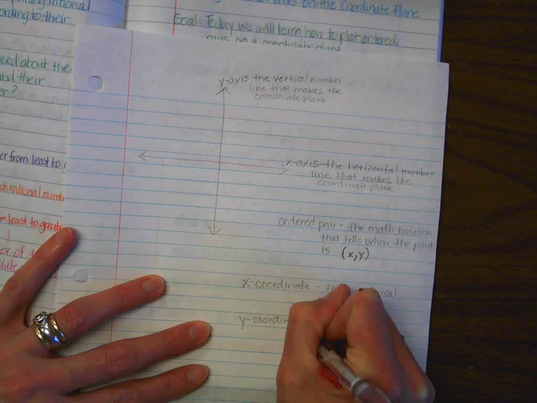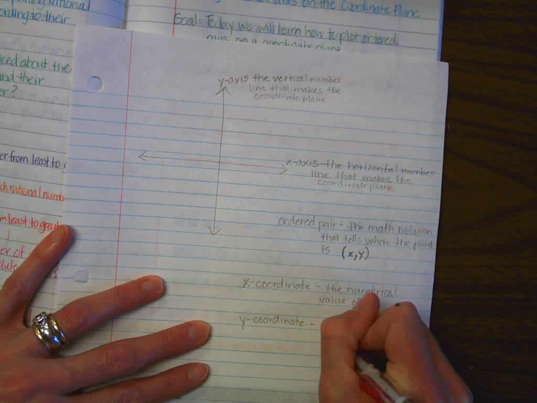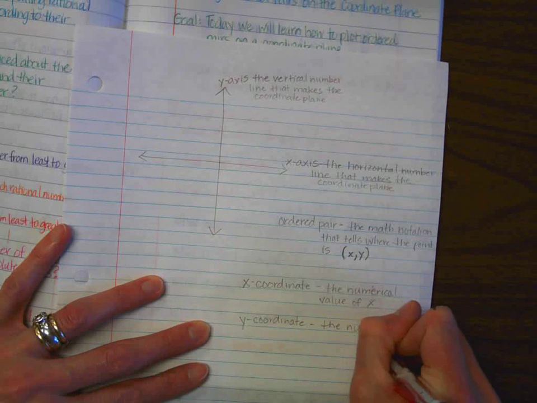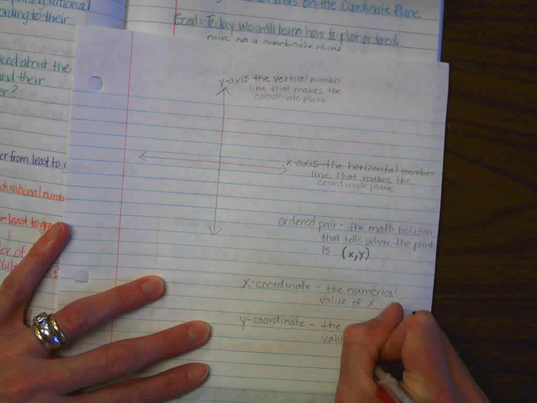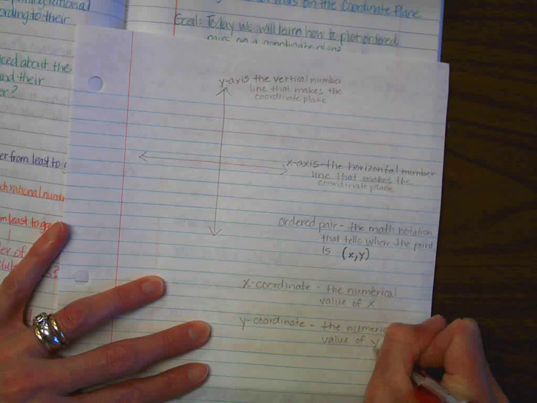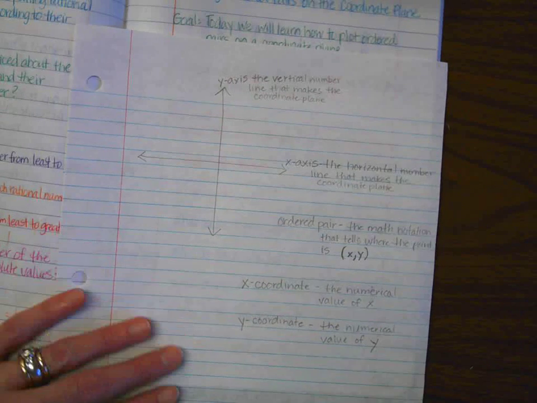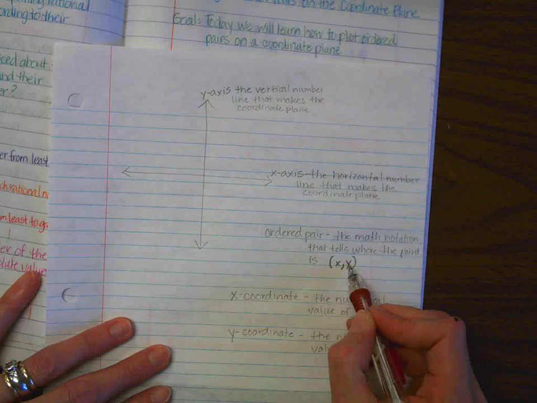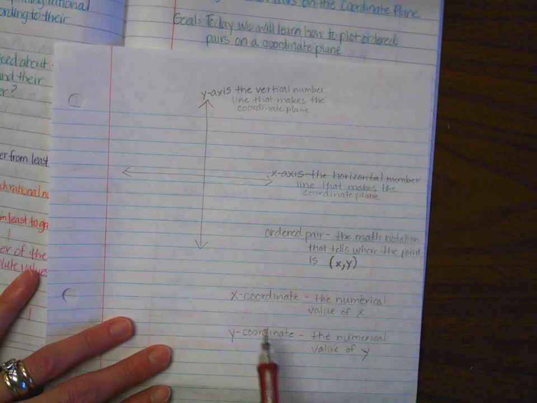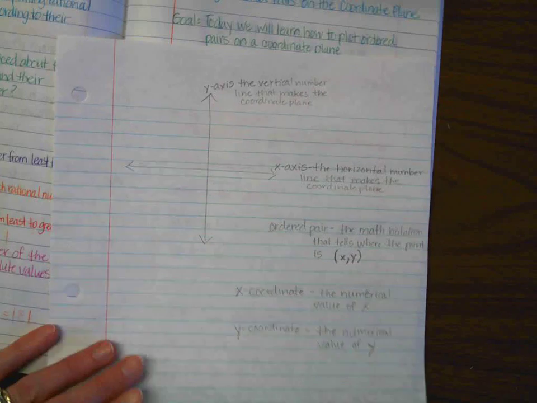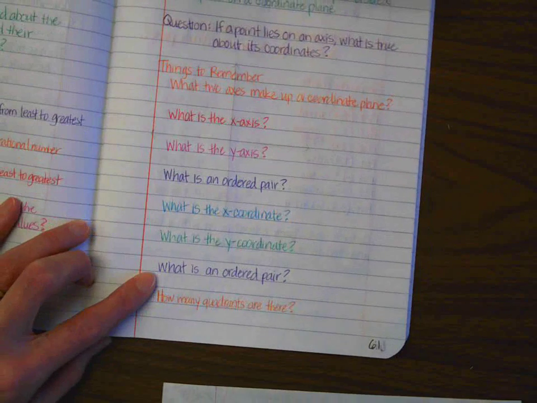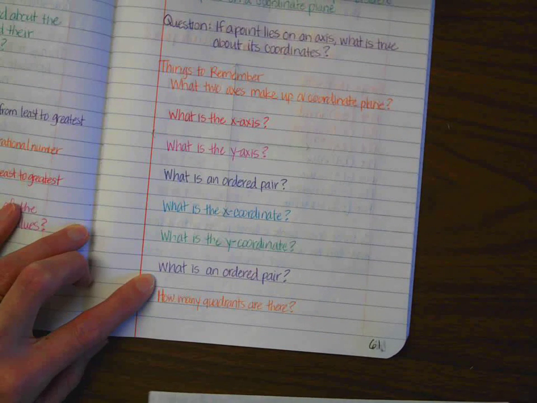Again, all you're doing is switching up one of the words. The numerical value of the y. Okay, so not too bad. So we now know the number that sits here and the number that sits here are called the x-coordinate and the y-coordinate.